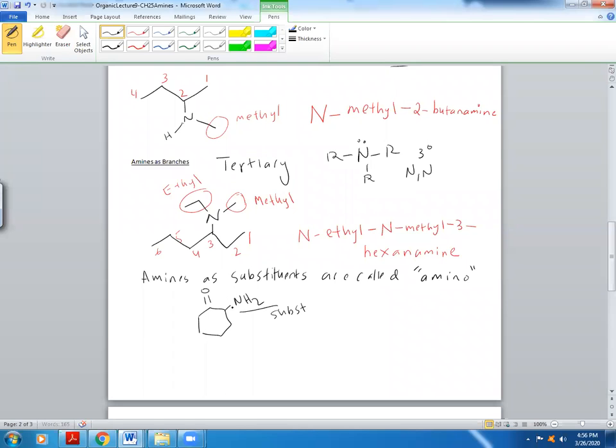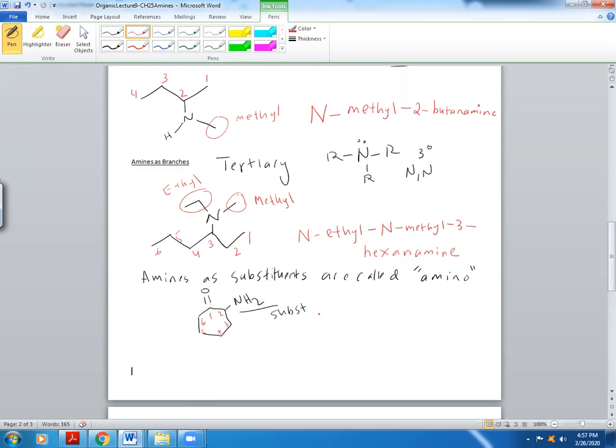So, okay, you ask yourself, well, how do I name this? So you say, okay, 1, 2, 3, 4, 5, and 6. At least to make it simple for you, they're lower than all the functional groups we did this semester. They are the lowest.